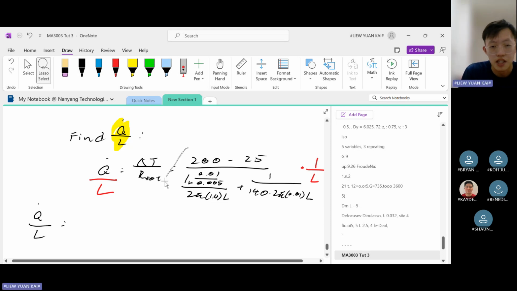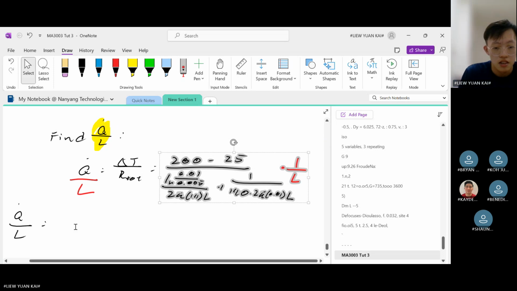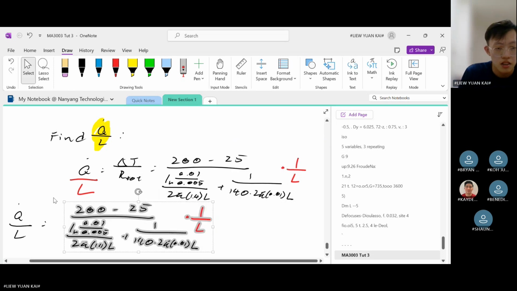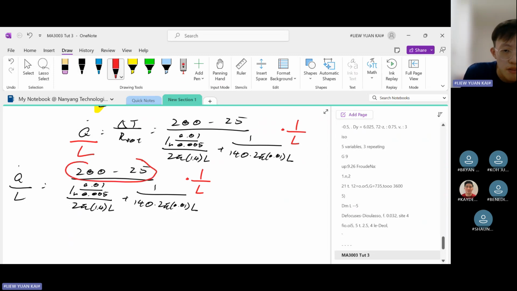So let's observe what happens on this side. You'll see that all the L's will cancel. Why? The numerator multiplies by the numerator, so this times 1 is just the same, and we can ignore the effect on the numerator. But what about the denominator?